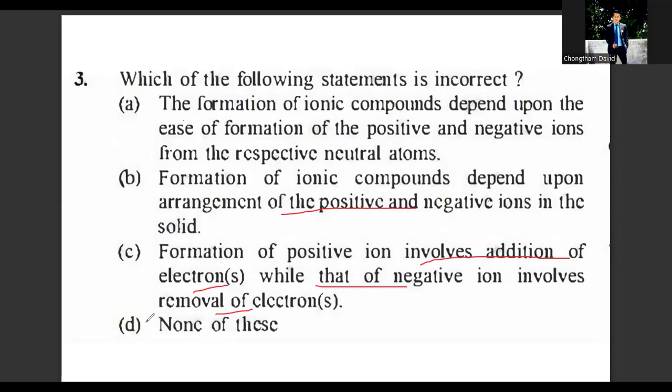So formation of positive ions involves removal of electrons from the neutral atom, and that of the negative ions involves addition of electrons to the neutral atom. So option 3, formation of positive ion involves addition of electrons, while that of negative ion involves removal of electrons, is the incorrect statement. That is, the correct answer for question number 3 would be option C. I hope it is clear.